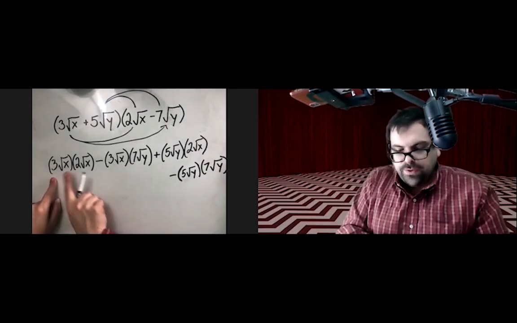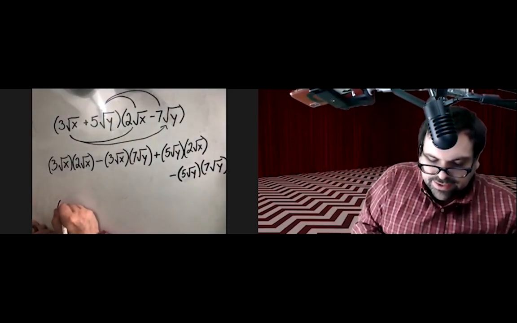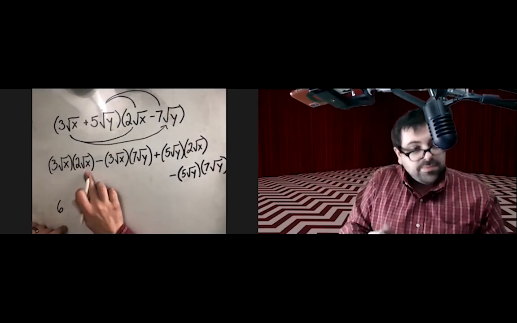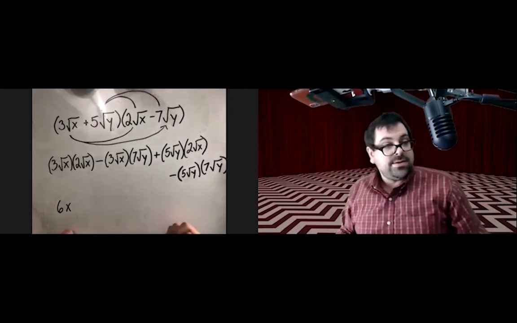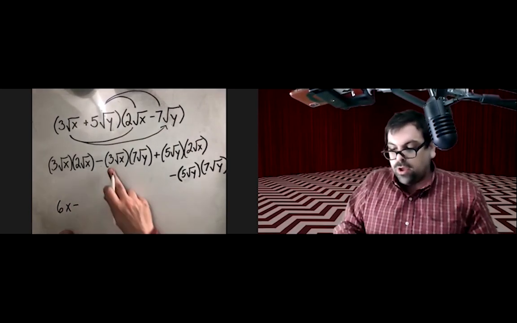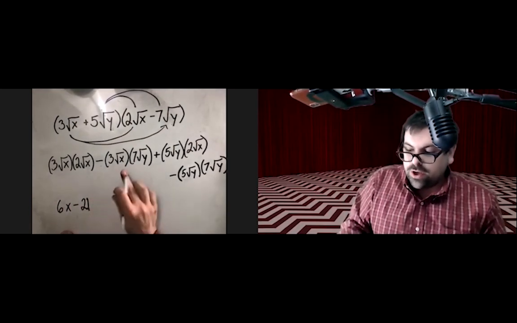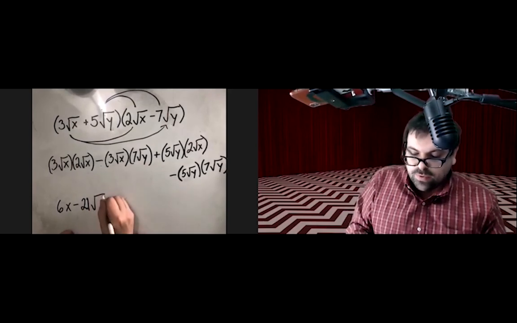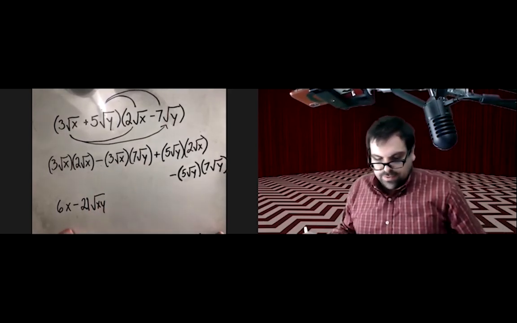Okay. 3 times 2 is 6. Radical x times radical x is x. Minus 3 times 7 is 21. Radical x times radical y is radical xy.